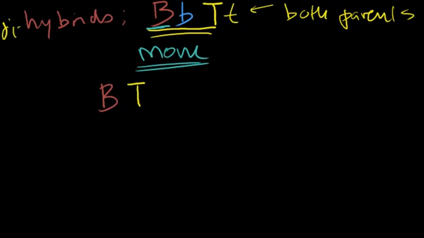Or she could contribute the brown and then the little t. Or she can contribute the blue-eyed allele and the big T. These are all the different combinations that she could contribute. And then the final combination is the blue eyes and the small teeth. So that's for mom.